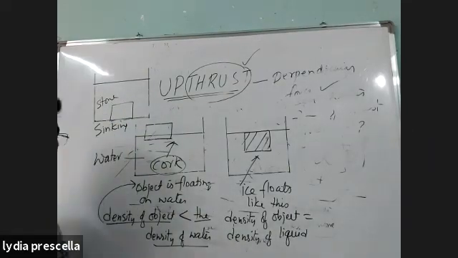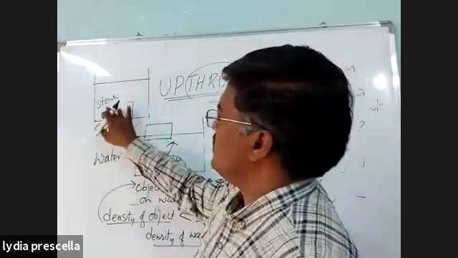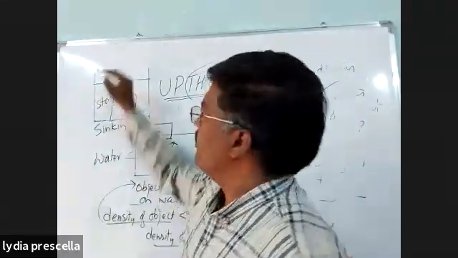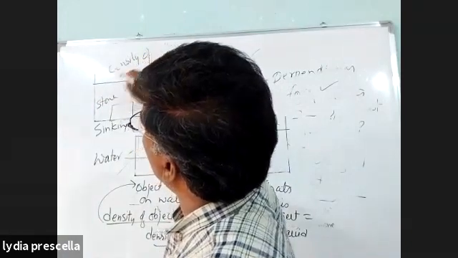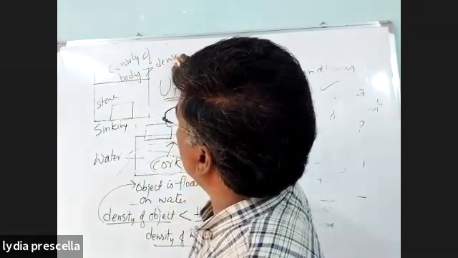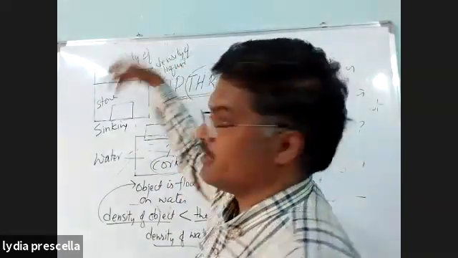What is the condition in which a body will sink? When the density of the object is more than the density of the liquid. So, density of body is greater than the density of liquid, then it sinks.